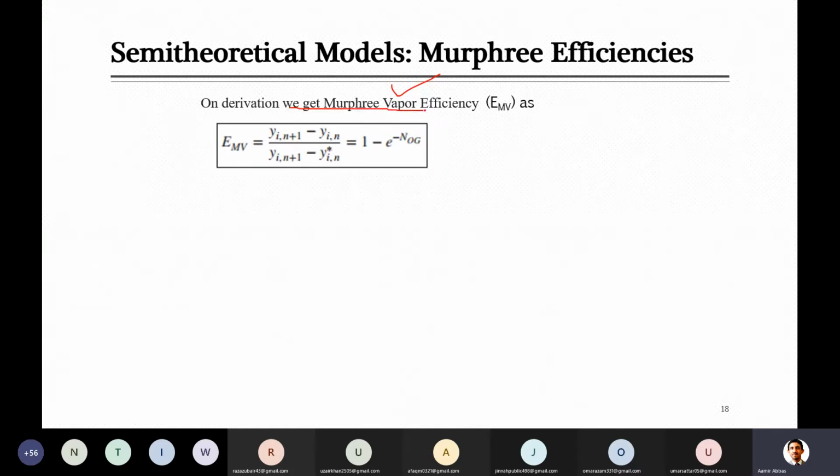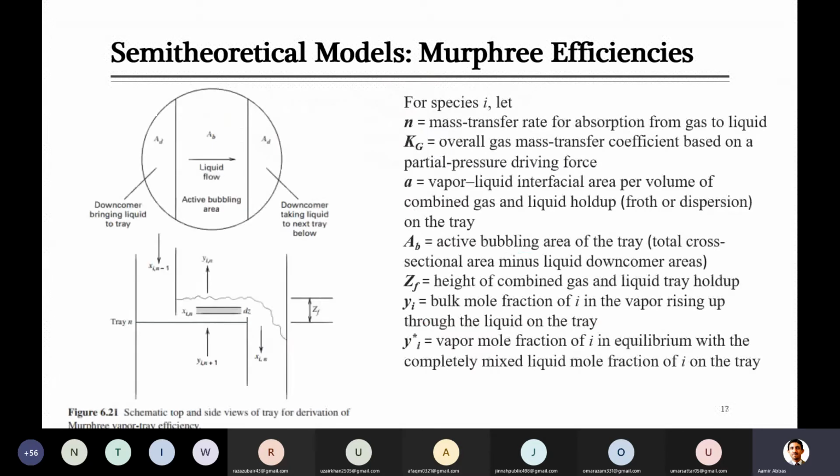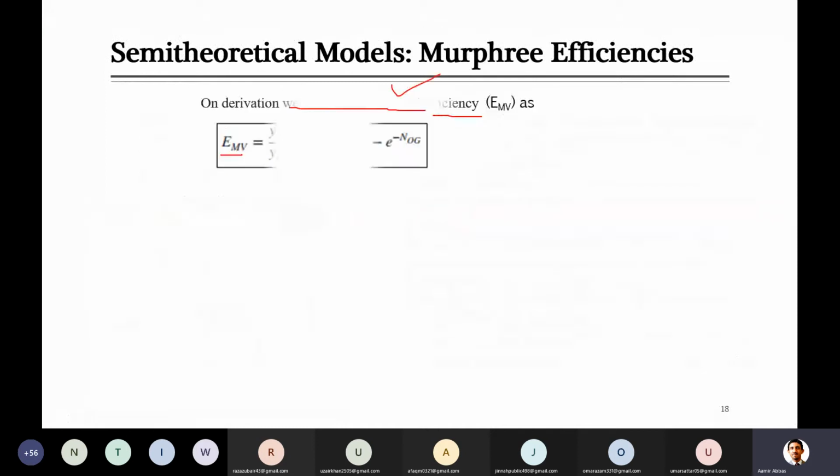So, Murphree vapor efficiency. This Murphree vapor efficiency is considered for one tray, on which we calculate the efficiency after considering these parameters and going through certain steps. You finally reach this equation, which is called the Murphree vapor efficiency, and this is for one tray.